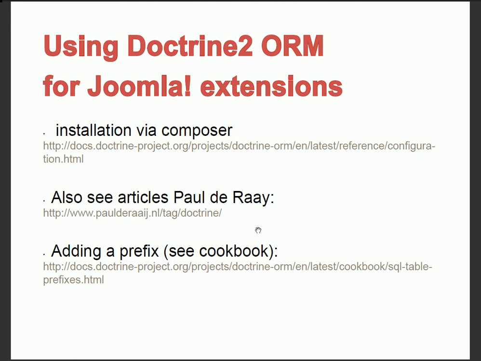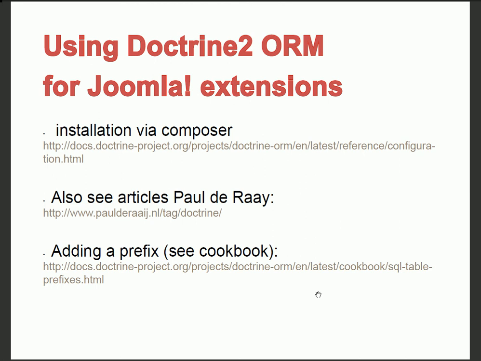There were 2 articles by Paul de Rij. They were also published in the Joomla Community magazine, and the first one was about how to use Joomla. Well, that's even simpler now, because at that time we only had pear or download the zip. You have to define a bit less than at that time, and he also gave an example of how to use binding with Doctrine.